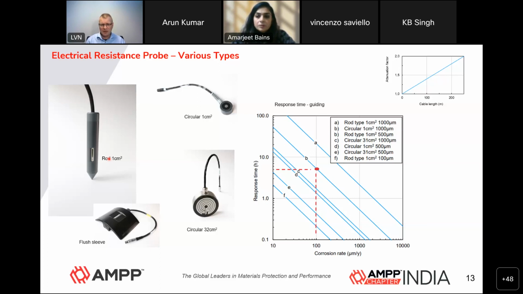If you buy an AC coupon, that means a coupon that has been designed to measure the AC current density, and usually this is a circular 1 square centimeter coupon. I don't think you have any chance of maintaining a coupon like that.